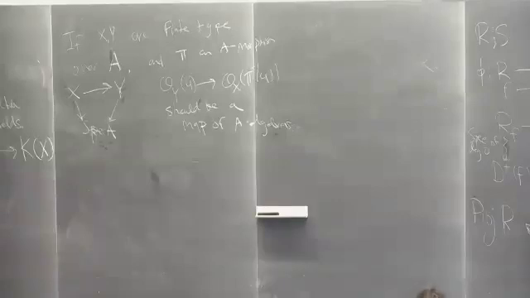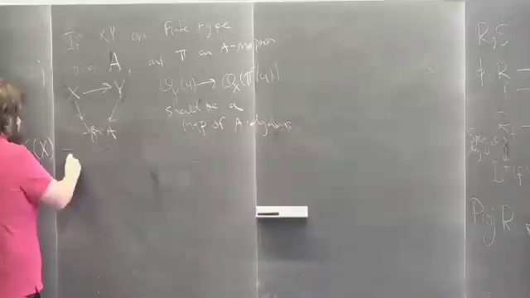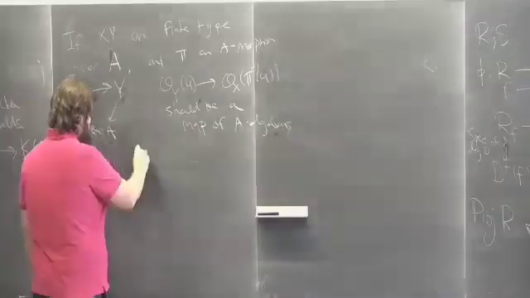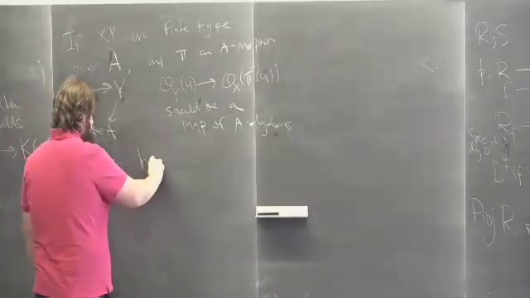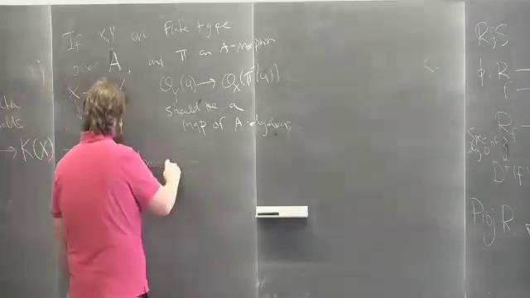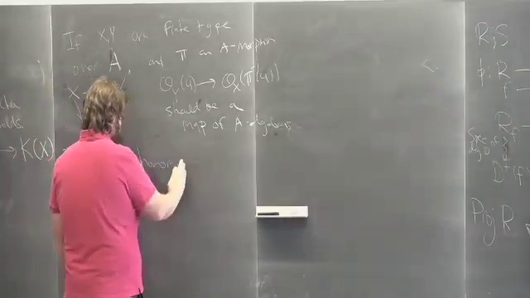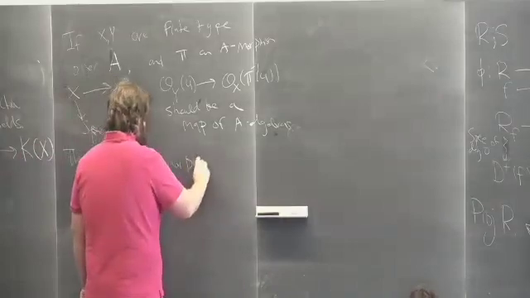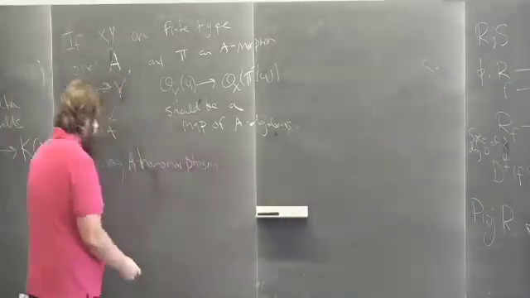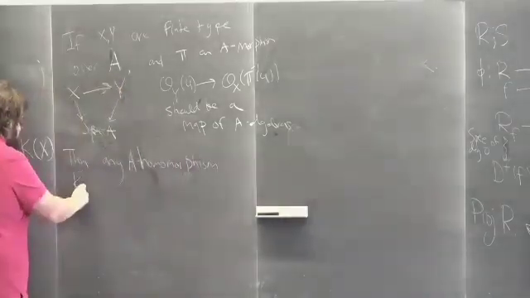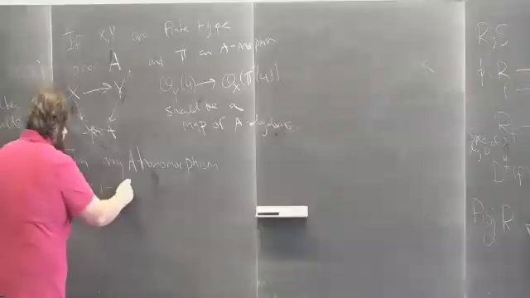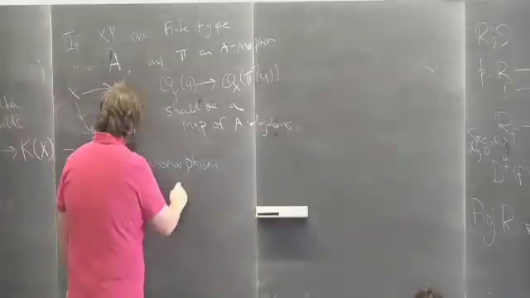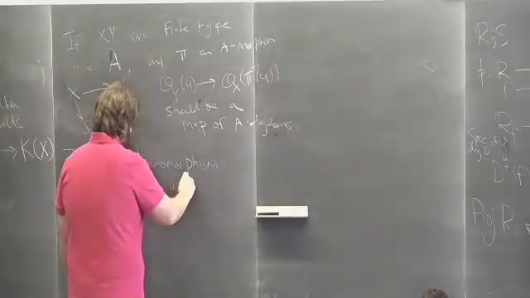All right. Then any homomorphism, I should say a homomorphism, from K(Y) to K(X) arises from a unique rational map.